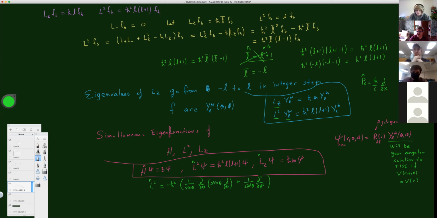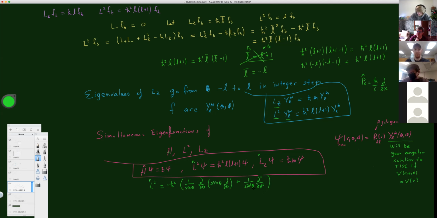And I wonder if this looks familiar to you. Can someone tell me if this thing looks familiar? It looks like the funky thing we were working with when we were solving for the angular part of phi.